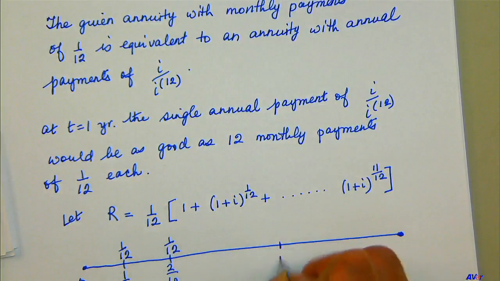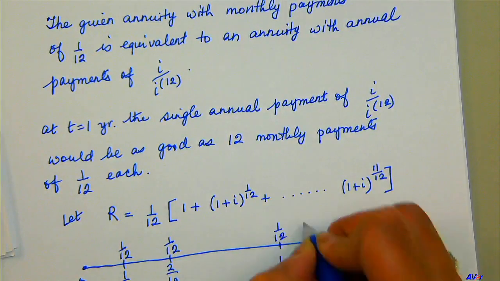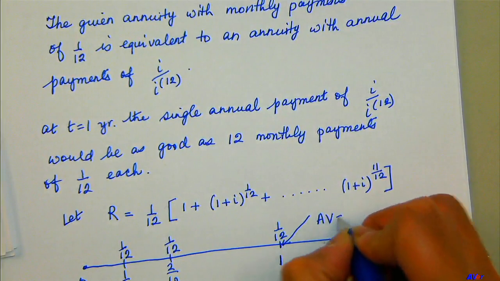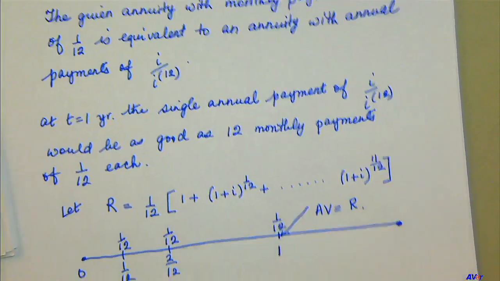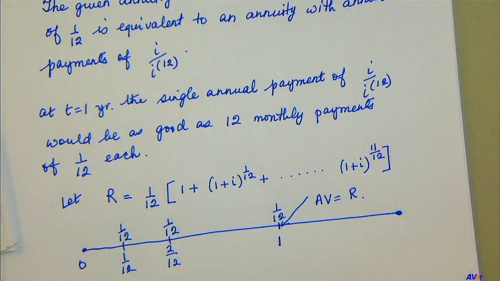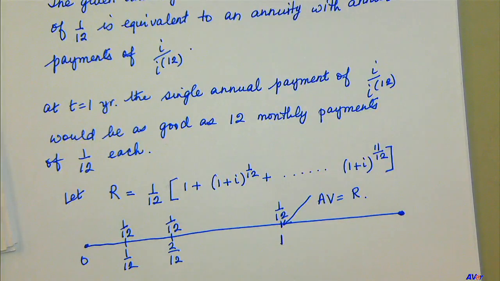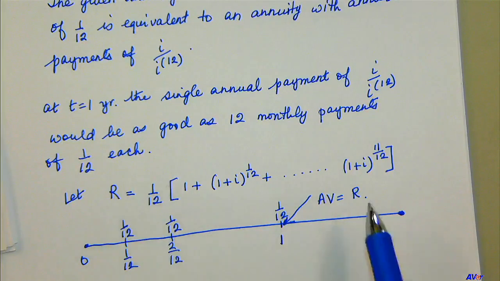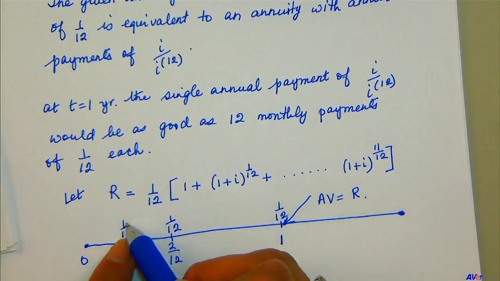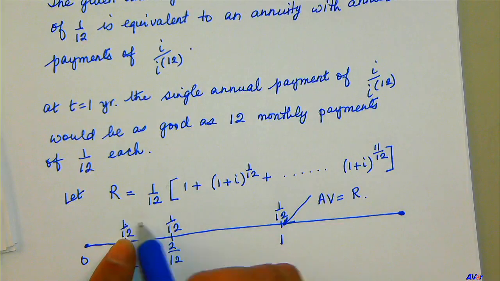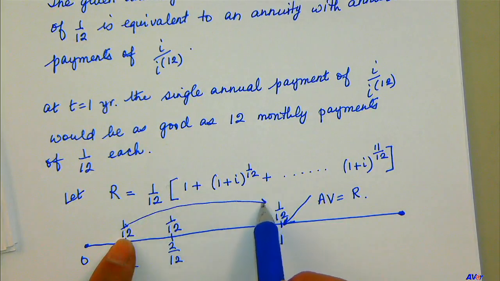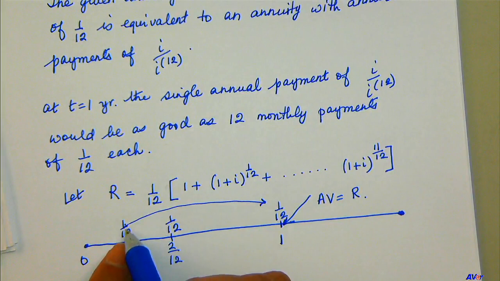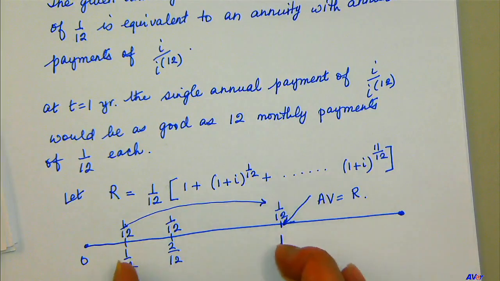And at time 1, you have a payment of 1/12. And this accumulated value is equal to R. So I'm writing an expression for the accumulated value at time 1. That's why I can say R, the accumulated value, is equal to this 1/12. I'm bringing it here, guys. Accumulated value. So times 1 plus I to the 11 over 12 power, because this much is 11 over 12.